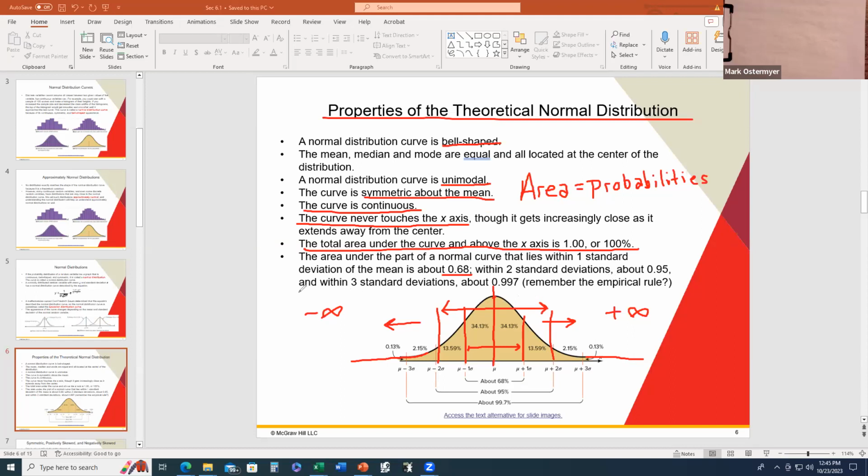And by the time you venture three standard deviations either side of your mean, you're basically encompassing about 99.9% or 99.7%, depends on what textbook you look at. About 99% of the area of the entire curve lies three standard deviations below your mean to three standard deviations above your mean in this much larger interval here. So we can see that the areas underneath this normal distribution curve cooperate with the empirical rule that we touched base with in the past.